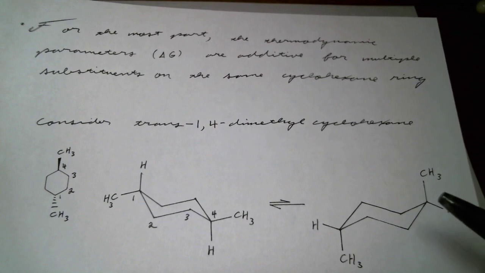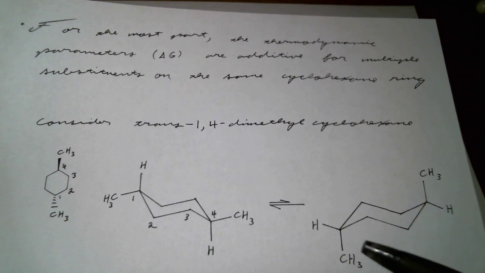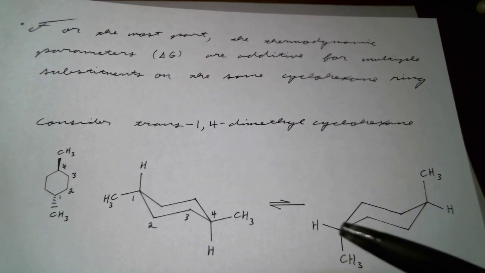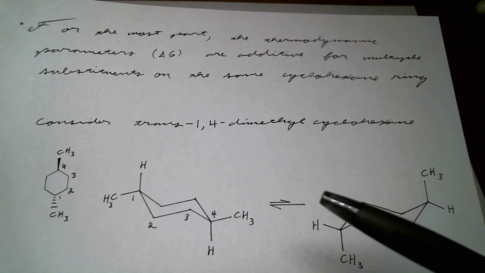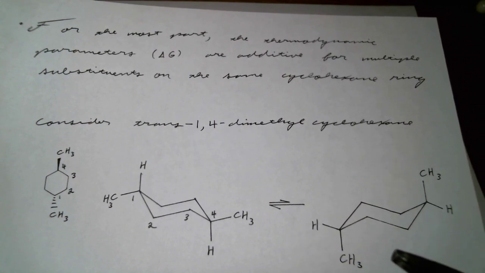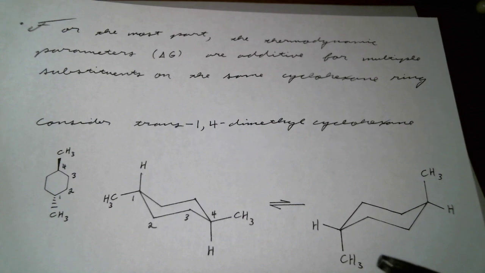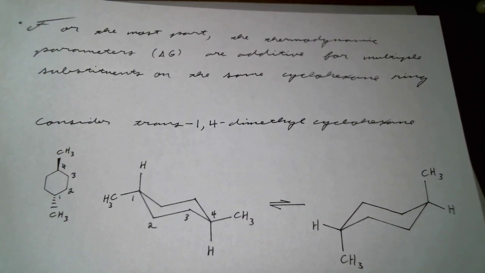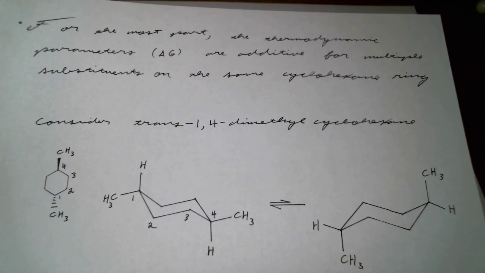We saw that the change in free energy on flipping from the cyclohexane chair conformation in which we had one methyl group equatorial to the chair conformation in which we had that methyl group axial was positive 1.7 kcals per mole.